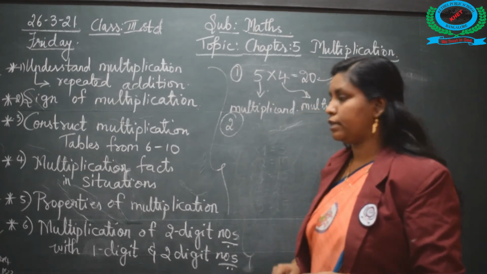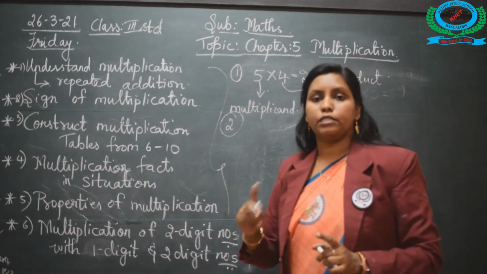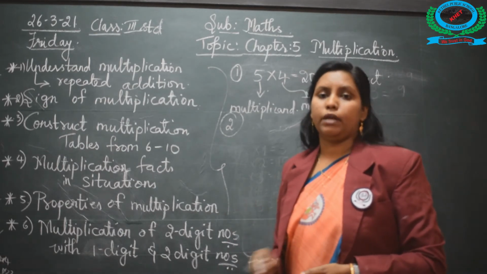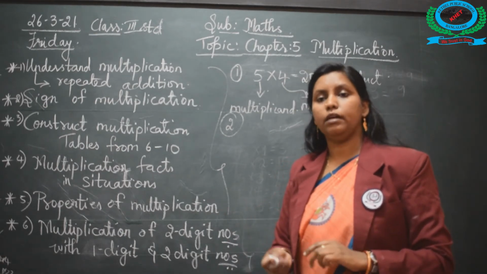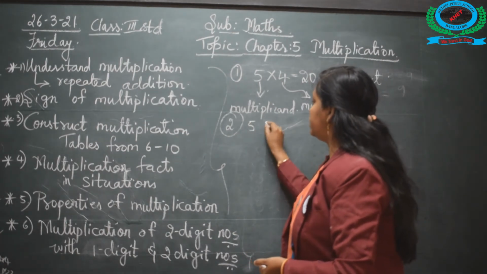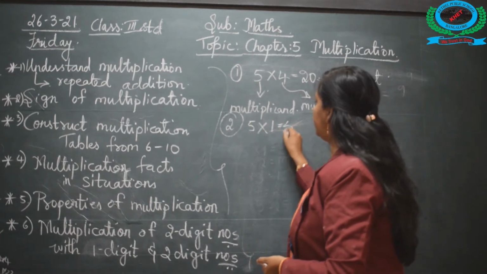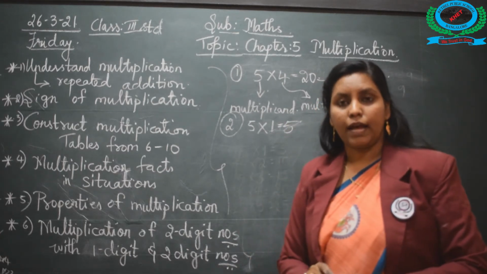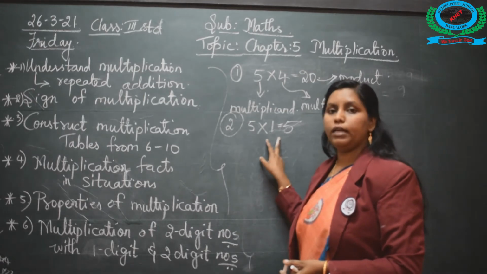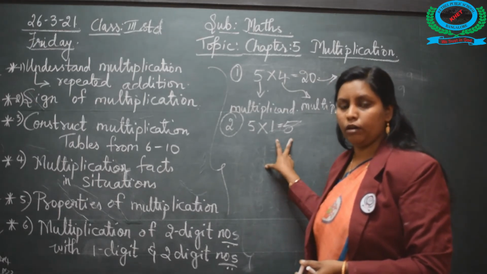Second property is, if any number is multiplied with 1, the result is the number itself, the given number. So 5 is multiplied with 1, you will get 5, which is the same number. So 5 into 1 is 5. Okay children?